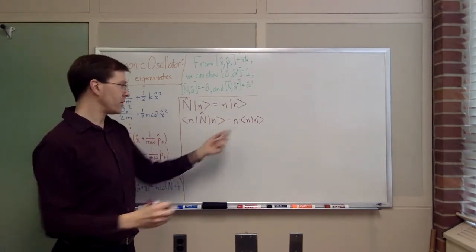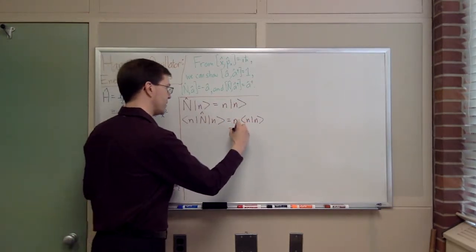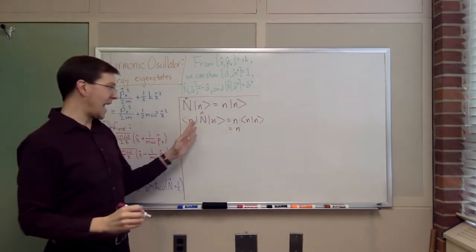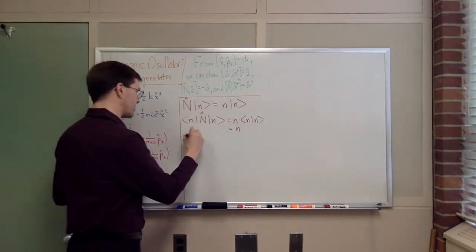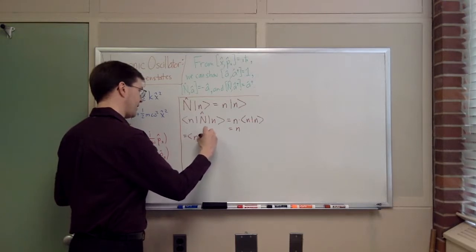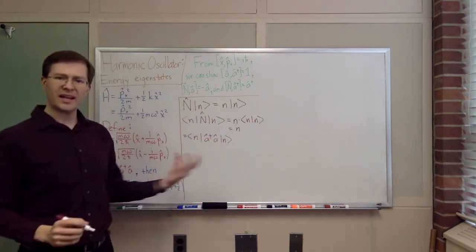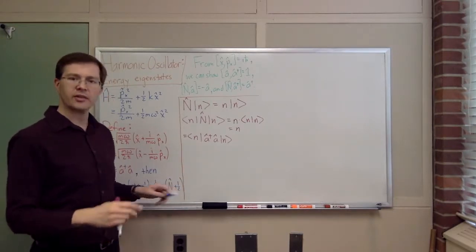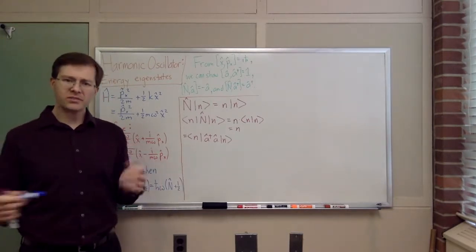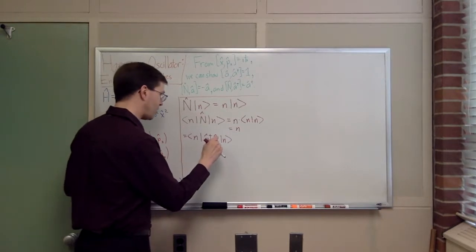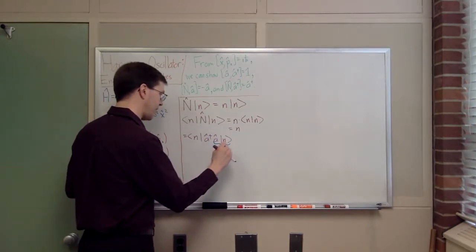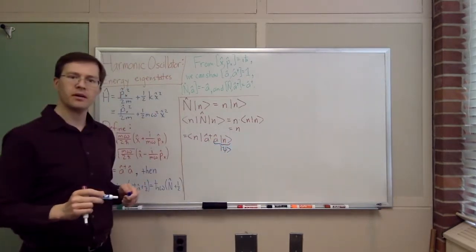I can pull that out. So this is just n. That's one way of doing it, just acting with this. But I also know this is equal to bra n, A dagger A, ket n, right? That's also definitely something I can do by definition. And the interesting thing there is that if I call this state, I don't know, psi, just give it a name.